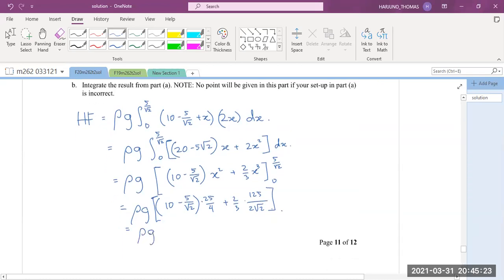Rho g, what is this? 125 over 2 minus 125 over 4 radical 2 plus 125 over 3 radical 2.